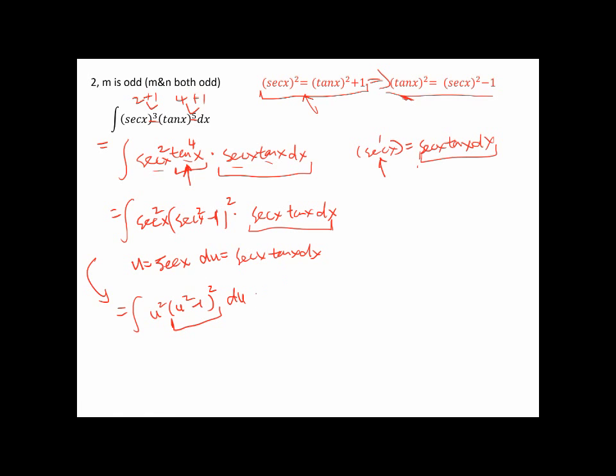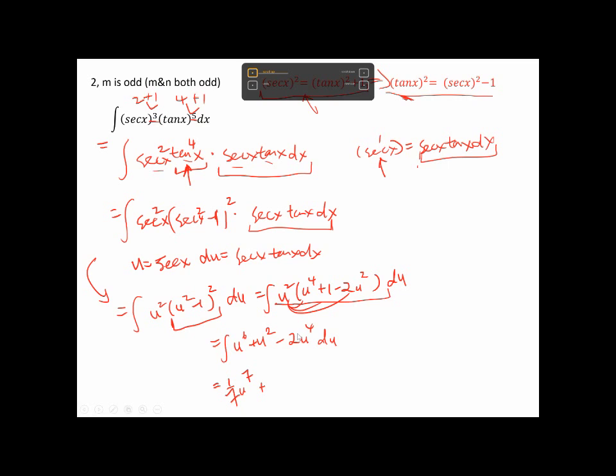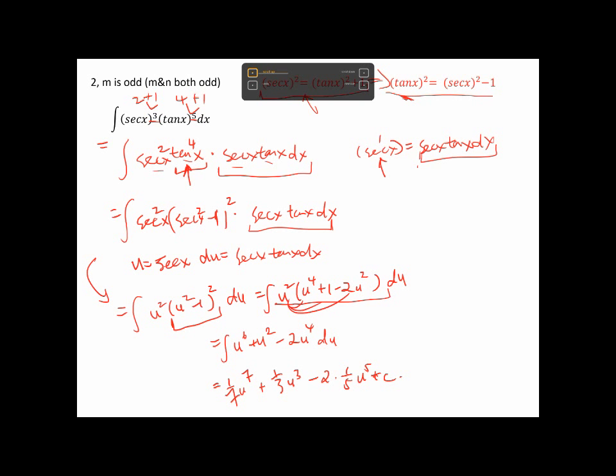I need to multiply this out, which is u squared times u to the fourth plus 1 minus 2u squared du, which is u to the 6 plus u squared minus 2u to the fourth du. Integrating gives 1/7 u to the 7th plus 1/3 u cubed minus 2 by 1/5 u to the 5th. Now I plug in u equals secant.